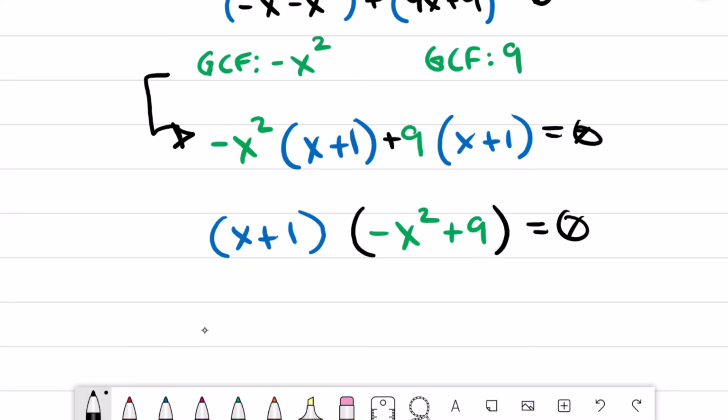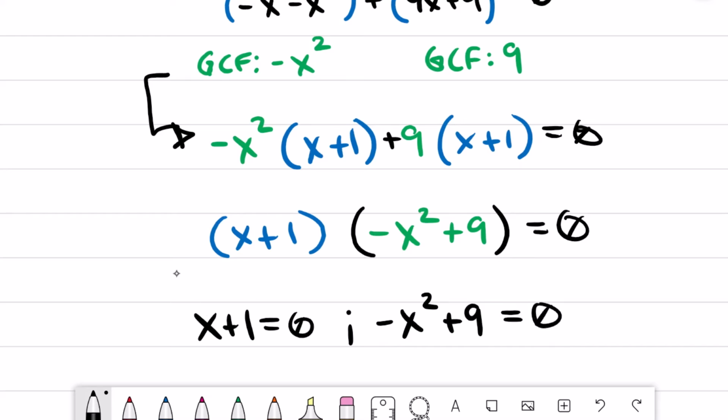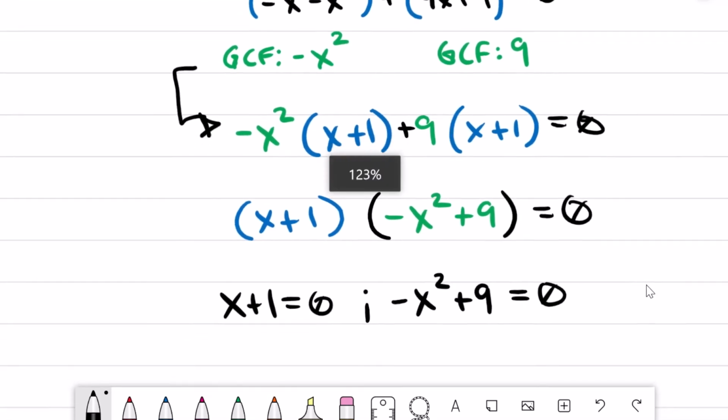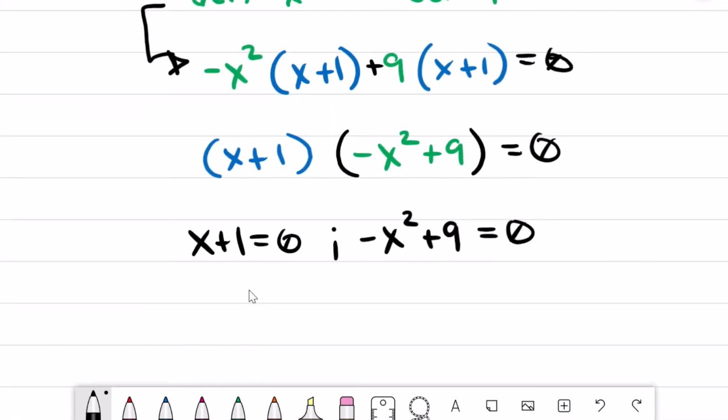So I'm going to make x plus 1 equal to 0, and then I'm going to make negative x squared plus 9 equal to 0. The next step then is to isolate the variables. So here I'm going to subtract 1, and that is going to give me x is equal to negative 1.